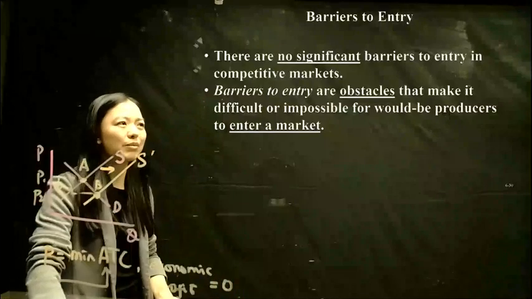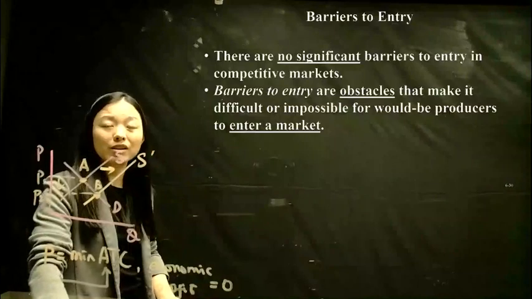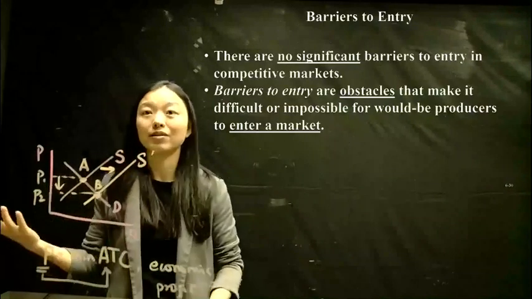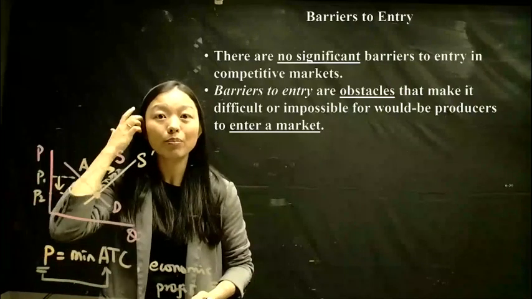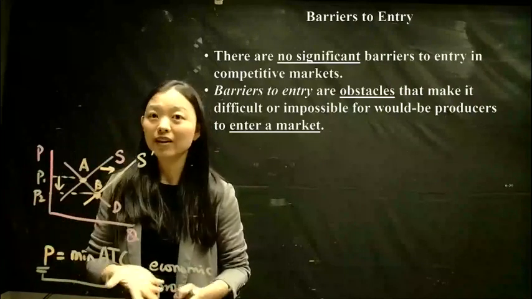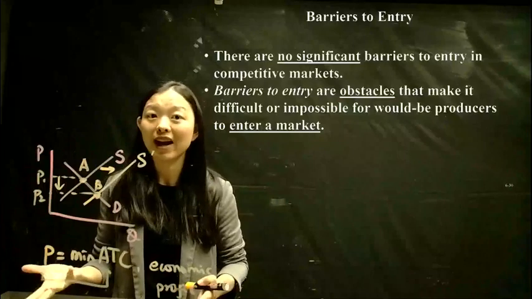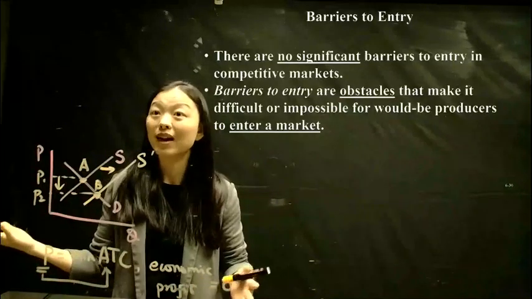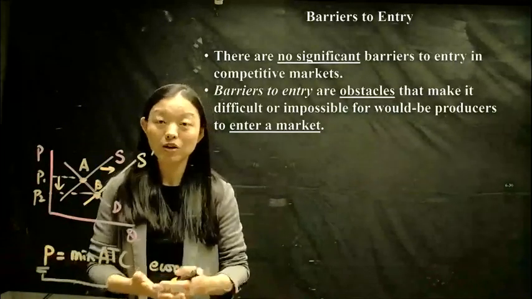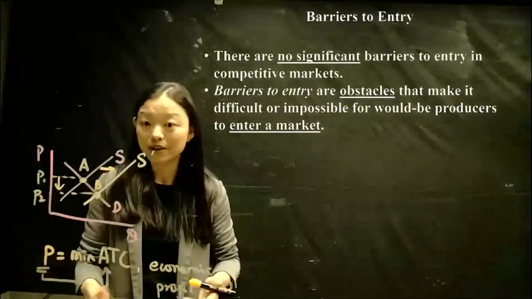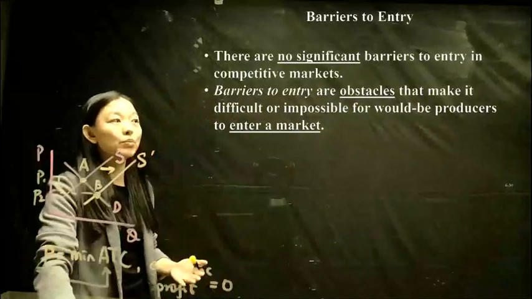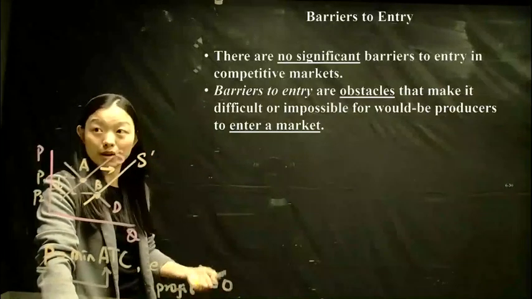So you can think about some barriers that might exist in some markets. Why will Republic Services, the garbage service, be the only provider in Corvallis? Maybe because it has some special licensing. It purchased or obtained the special license from the government, right? So that could be one of the significant barriers.